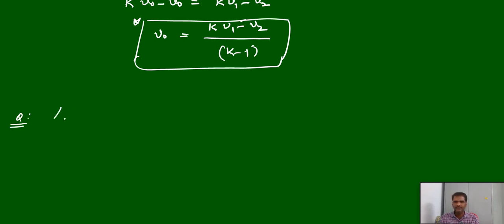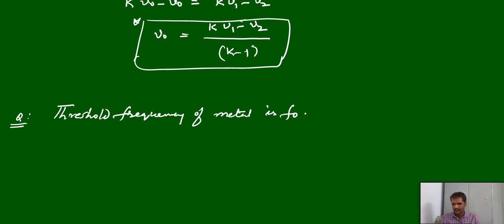The threshold frequency of a metal is f naught.